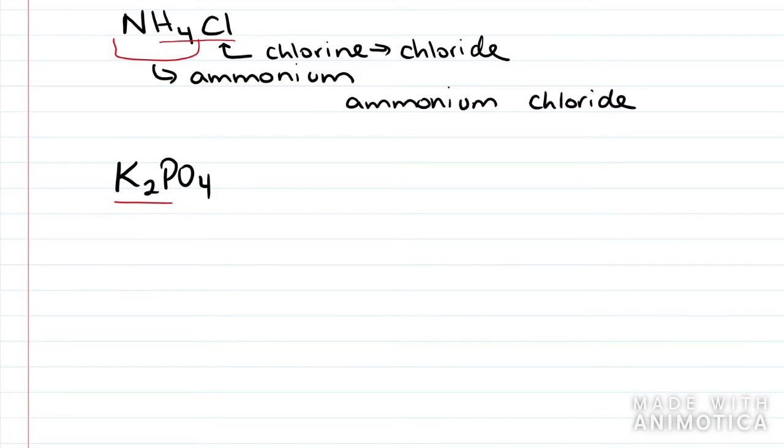If you look at your polyatomics, that doesn't exist. It has to be PO4. Well, what is PO4? PO4 is phosphate. K is potassium.